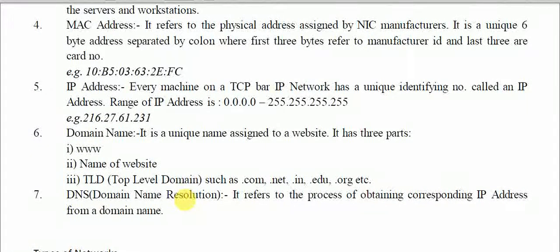So this definition is important. And to get the IP address, there are different procedures which are being followed. Okay, that's all. Thank you.